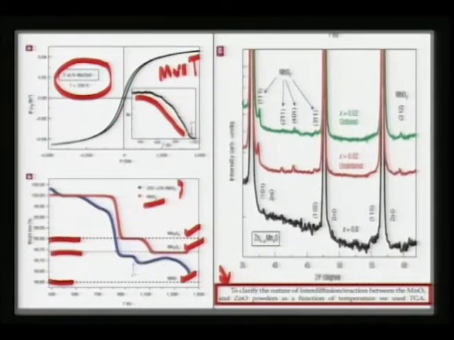So look at this, there is some similarity between the 2% manganese oxide doped zinc oxide versus the standard MnO2. What is happening? You see the same sort of a fall, and the first plateau is actually resembling that of Mn2O3, and then there is another plateau which is similar to Mn3O4.